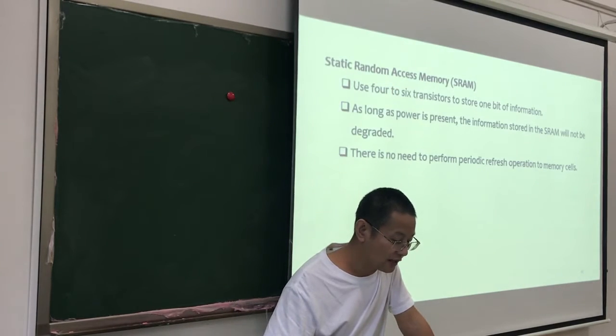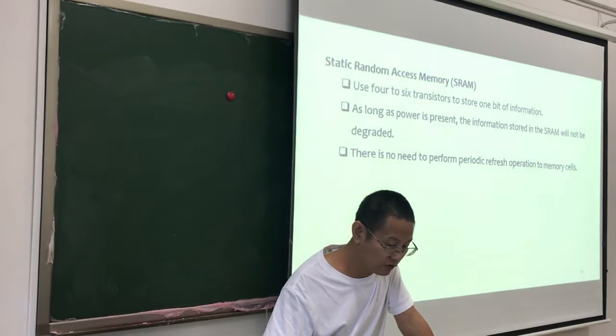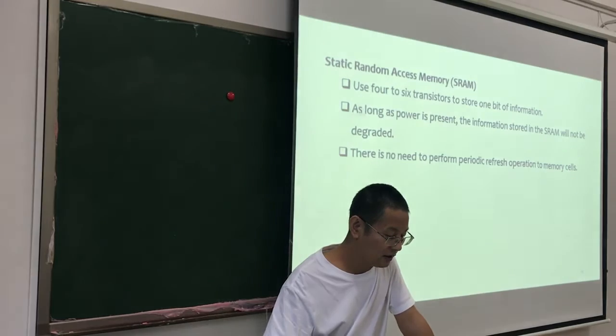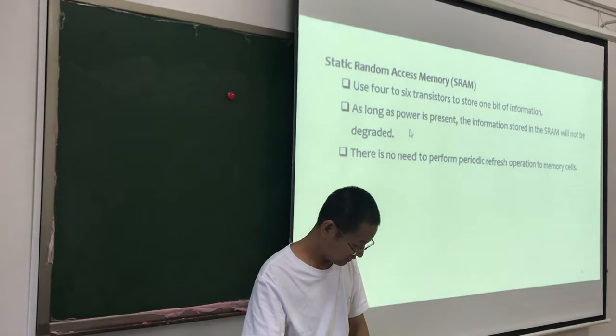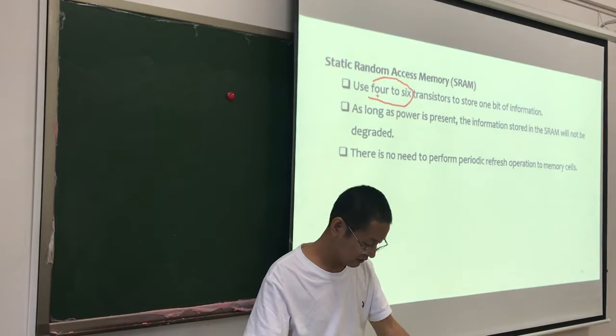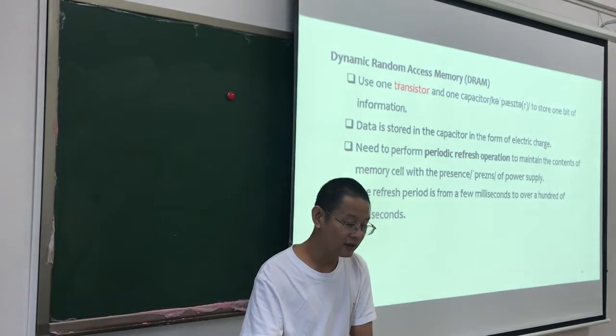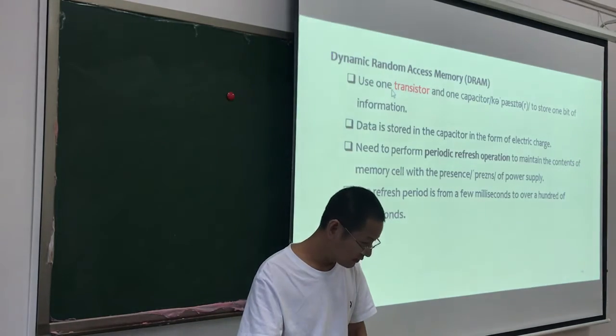Static random access memory uses 4 to 6 transistors to store 1 bit of information. In the DRAM, we use one transistor.